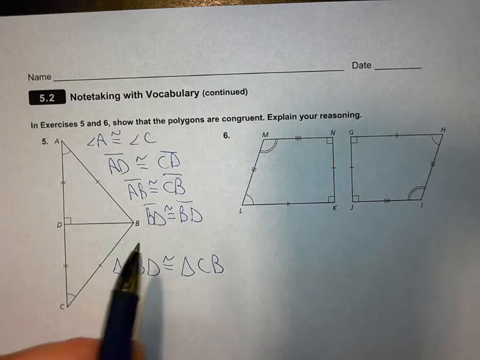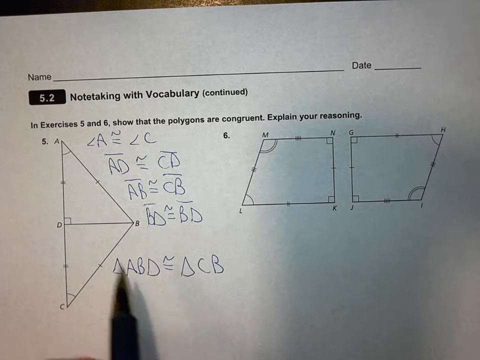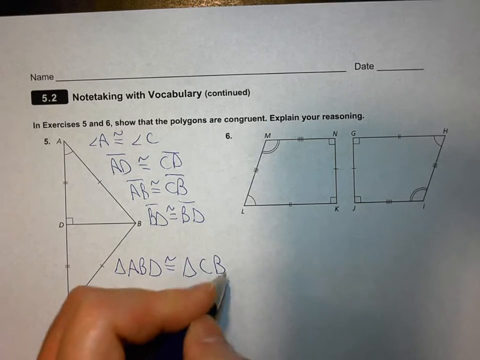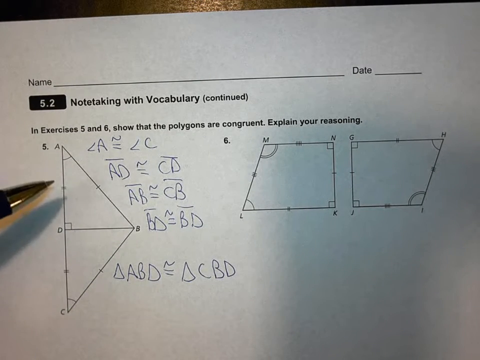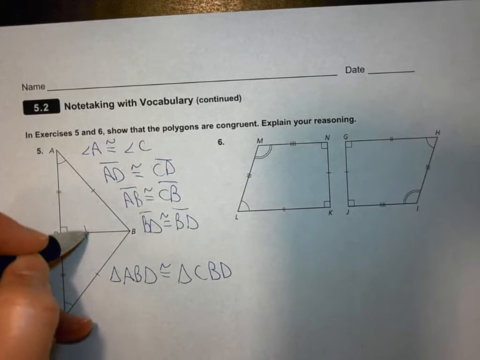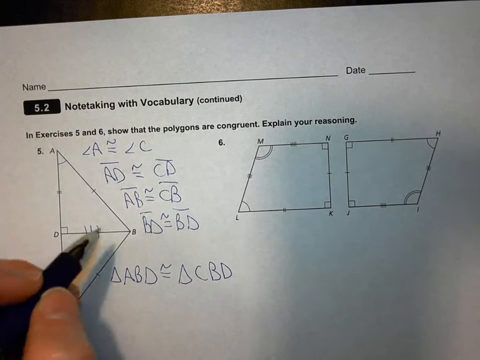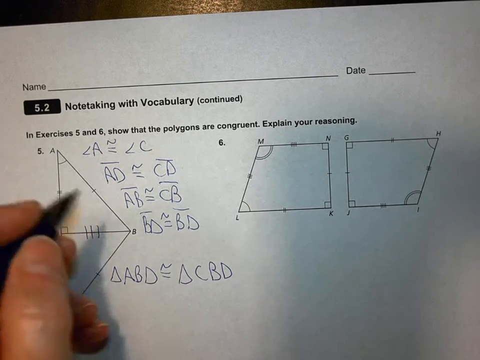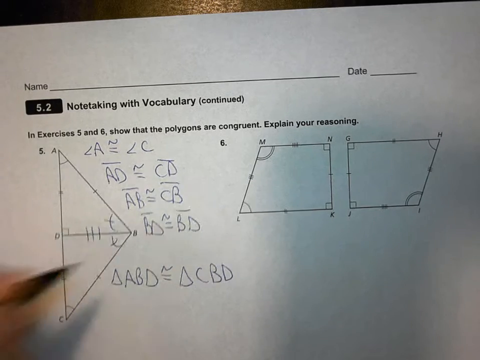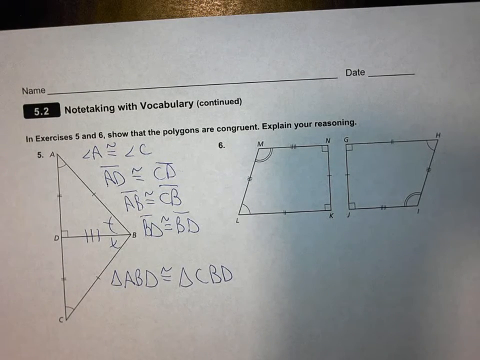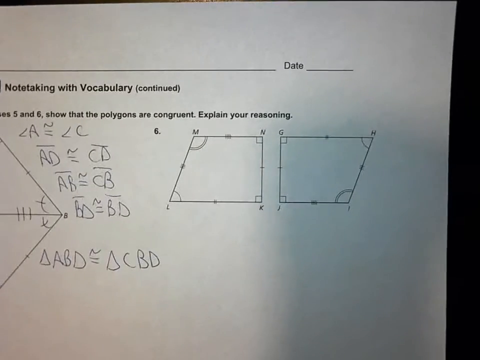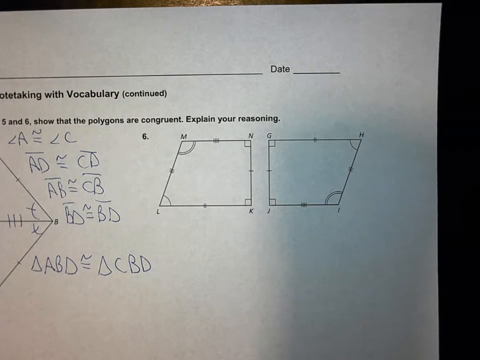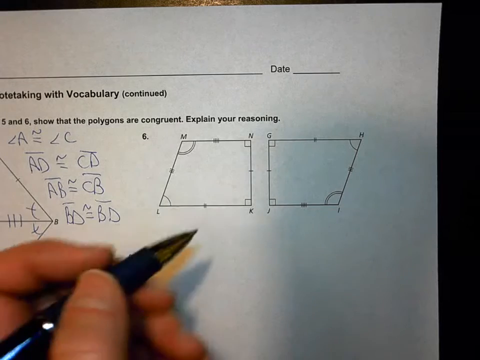And we also know that BD is the same as BD, so if this ends with D, this has to end with D. So they're congruent because we have these matching parts, and actually we have one angle left, so third angle theorem would say those two have to be congruent, so the triangles are sharing all of the sides and angles.